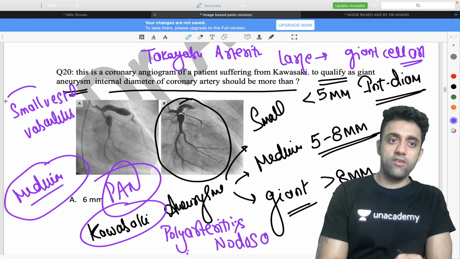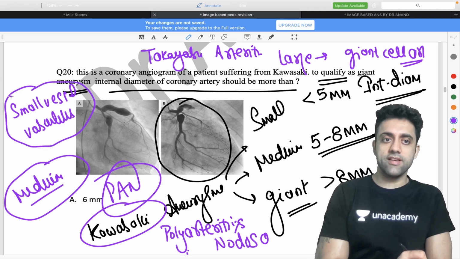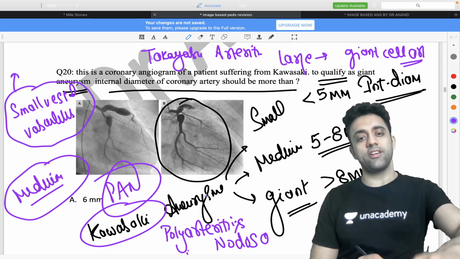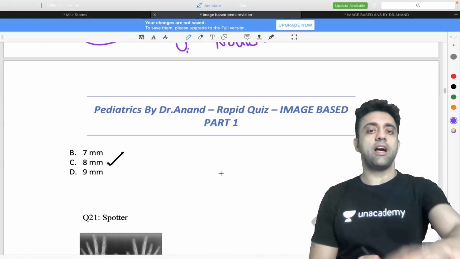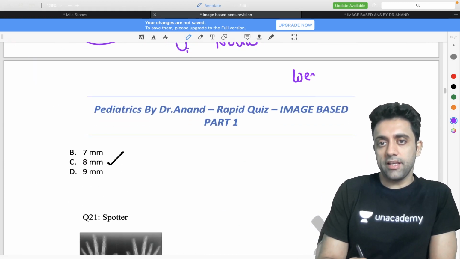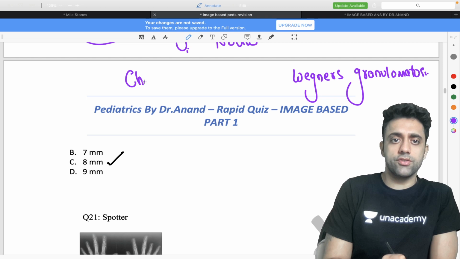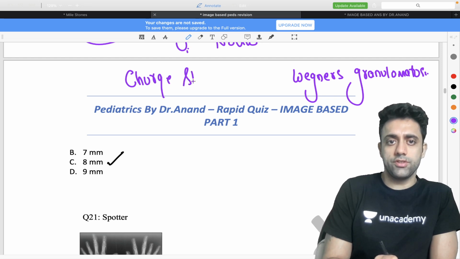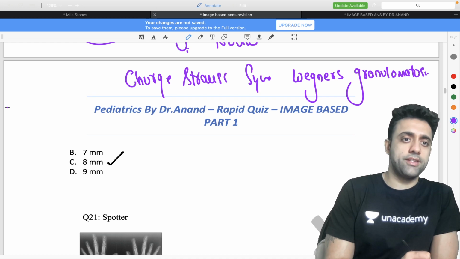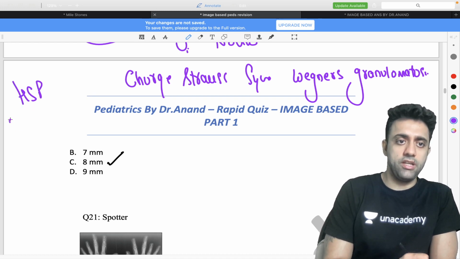And what about small vessel vasculitis, anyone? There are many small vessel vasculitis. I'll tell you: Wegener's granulomatosis, number one, Churg-Strauss syndrome, and HSP. What is HSP?